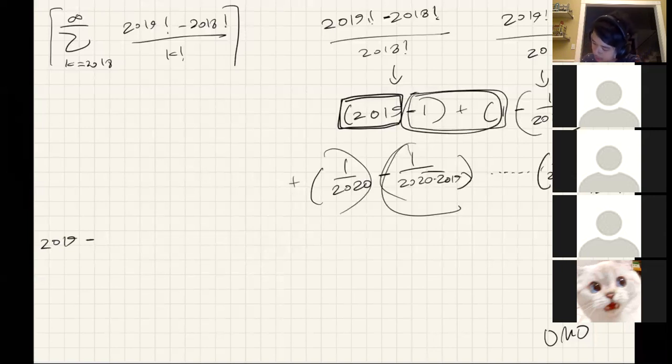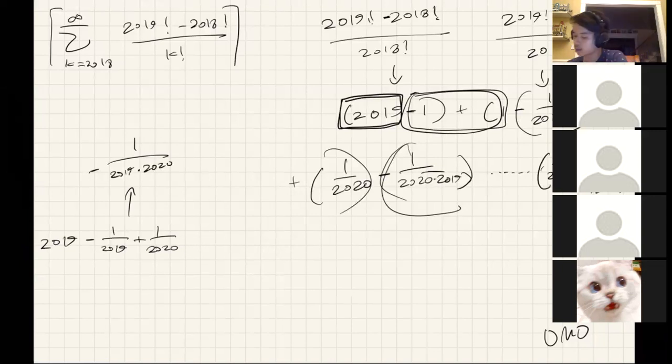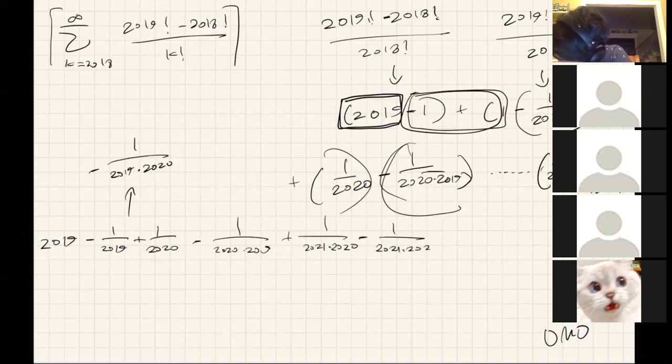We have minus 1 over 2019 plus 1 over 2020, and so on. The sum keeps going on.